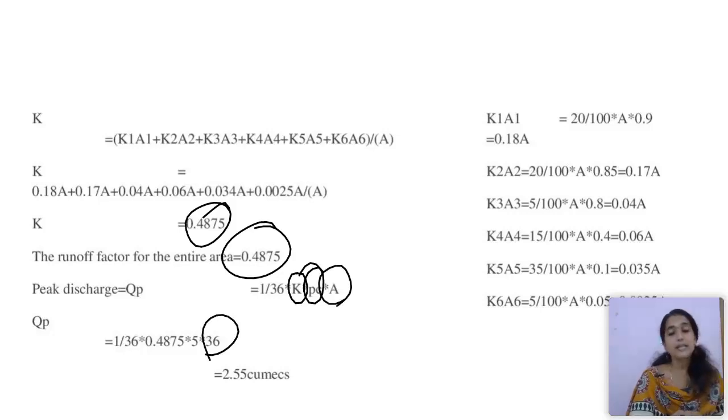So we can calculate the peak flow discharge through the sewer pipelines, that is stormwater flow, and that is 2.55 cumecs. I hope you understood these two problems.